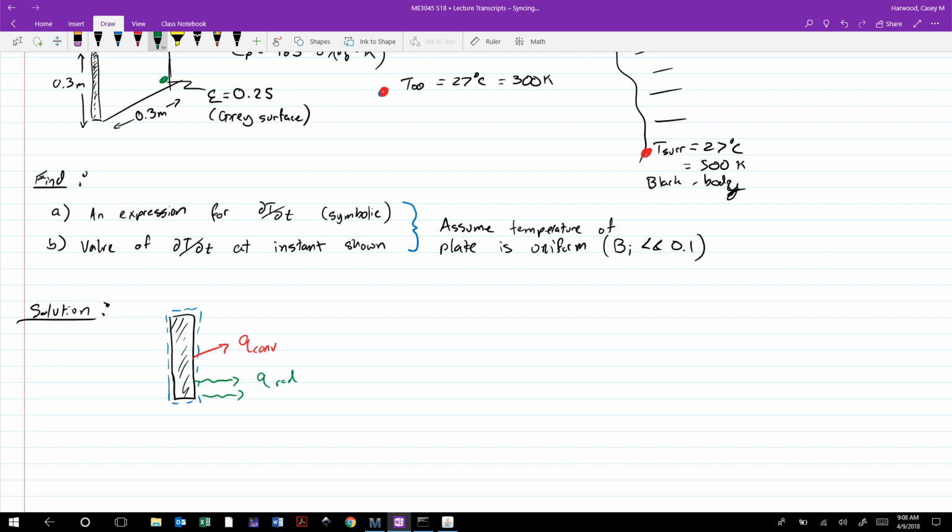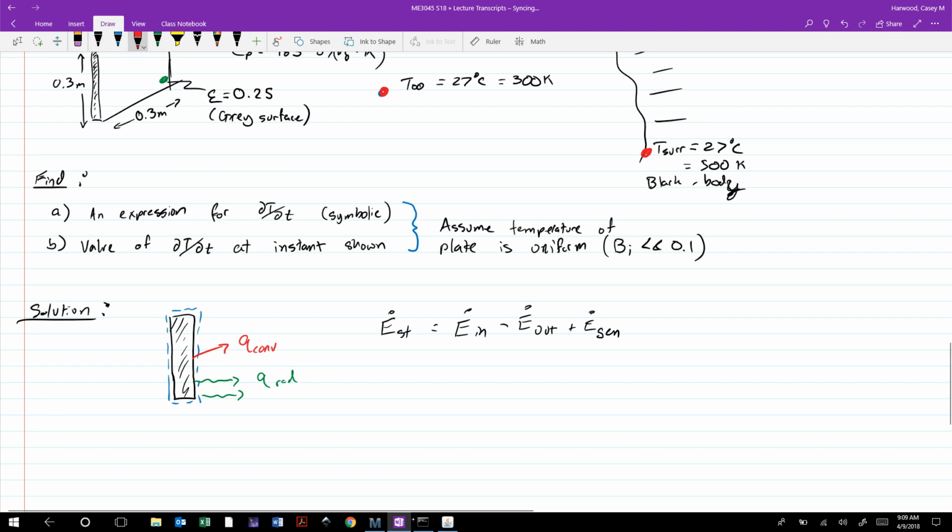We're going to assume that all of the heat transfer is going outward in this case. Remember, radiation is actually made up of some radiation coming in and some going out. But we're going to assume that the net radiative heat transfer is outward because the body is significantly hotter than the black body surrounding it. So our energy balance would be written as E dot stored is equal to E dot in minus E dot out plus E dot gen.